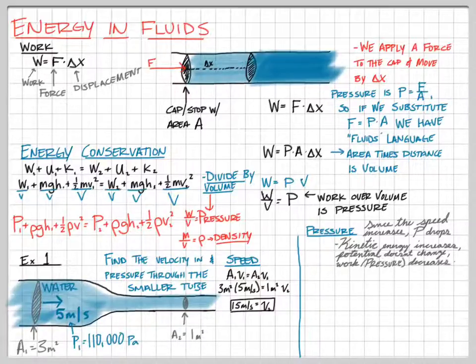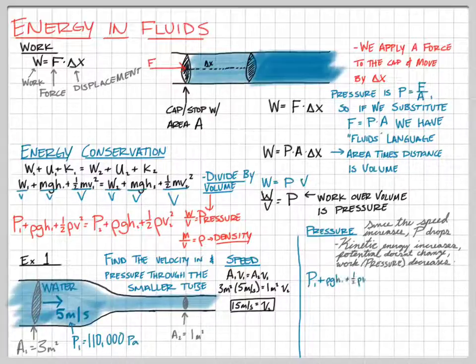So looking at this system just in general, if the speed goes up, the kinetic energy has to increase. So we know that piece is going to get bigger. The 1/2 rho v squared piece has to get bigger as we go through this. The potential energy doesn't change because the height doesn't change. The center of my tube is at the same height in both places. So if the kinetic energy part goes up, then the work or the pressure part has to go down. That's what we're expecting.